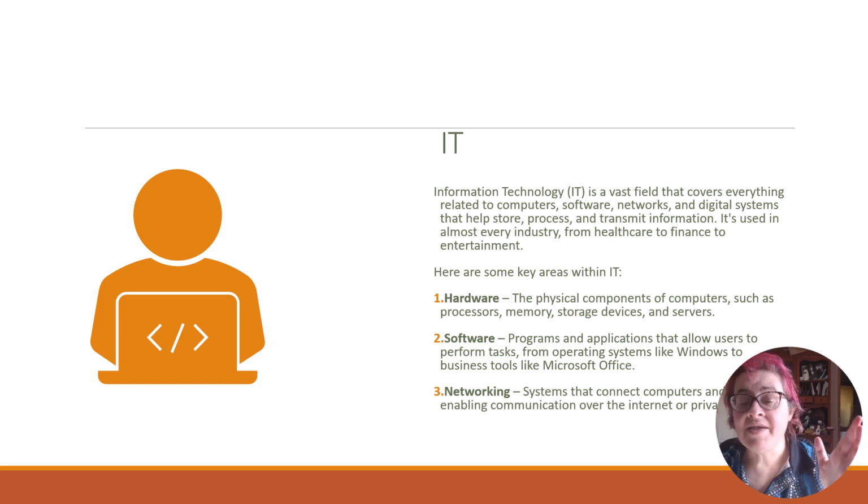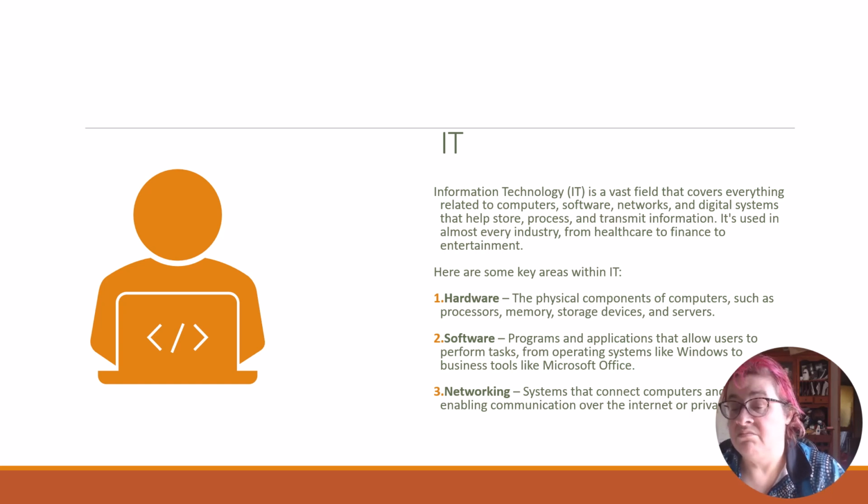Okay, so IT is a very vast field that covers everything related to computers, as we said. That could be your laptop, your desktop, software, networks, digital systems that help store, as again we said, information, which can be any information, could be your resume, recipe, could be a book, like an ebook as they call them.